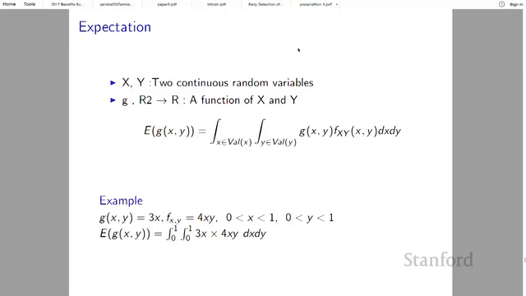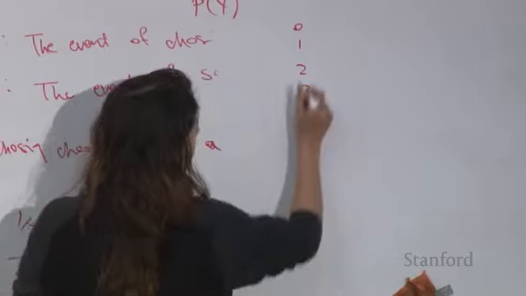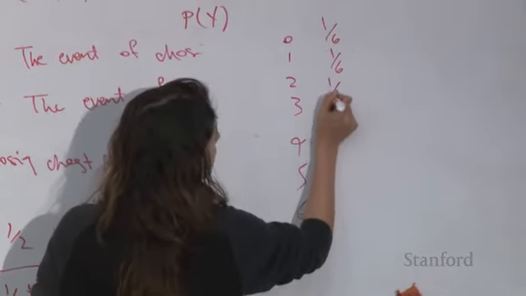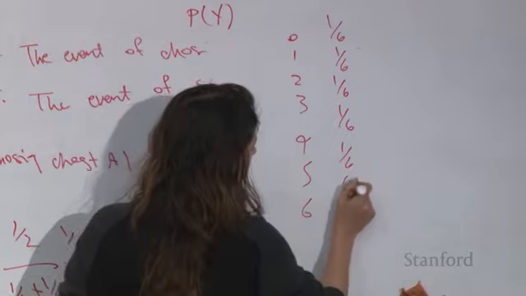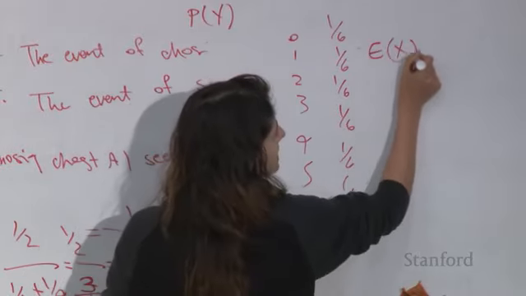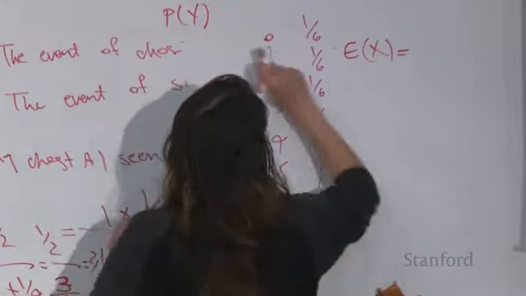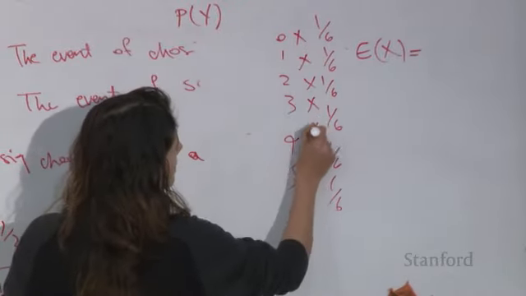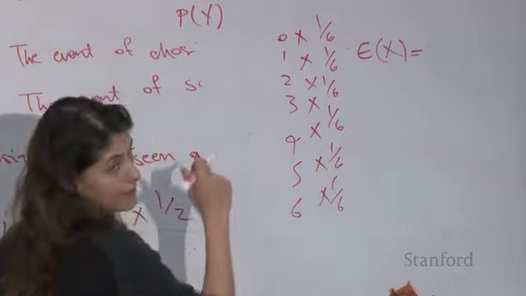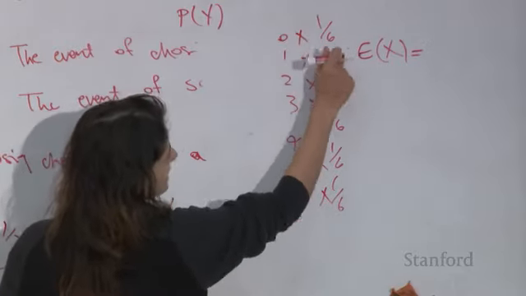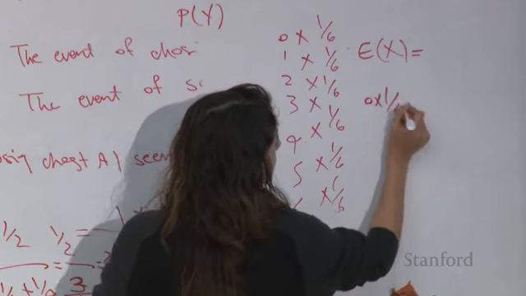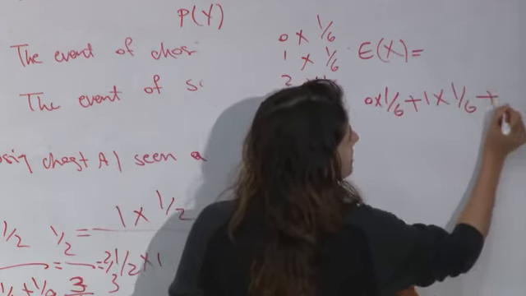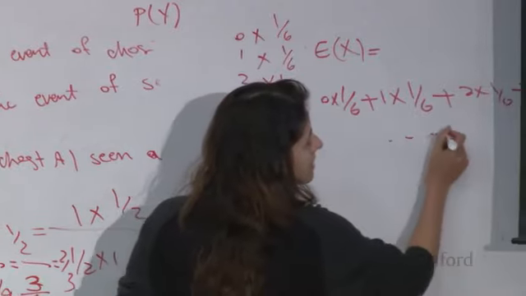The expectation of the random variable, suppose you have a die that can have any number from 0, 1, 2, 3, 4, 5, 6, and the probability of having each of them is 1 over 6, right? So the expectation of the x equals the summation of the product of each possible outcome times the probability of that outcome, which is 0 times 1 over 6 plus 1 times 1 over 6 plus 2 times 1 over 6, right?